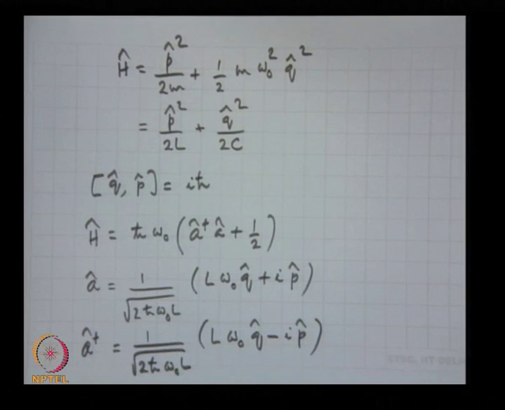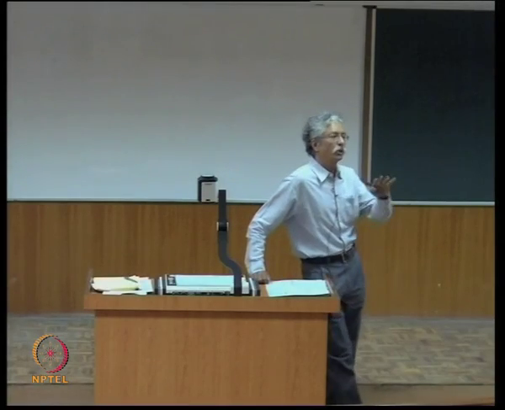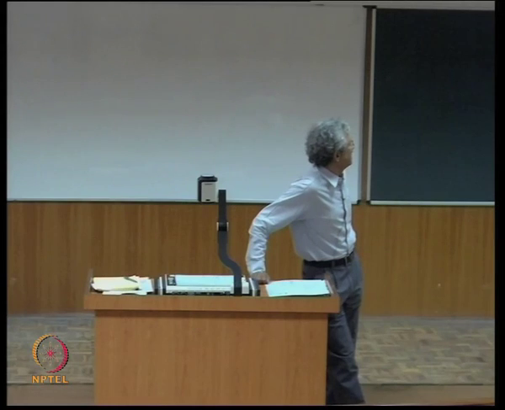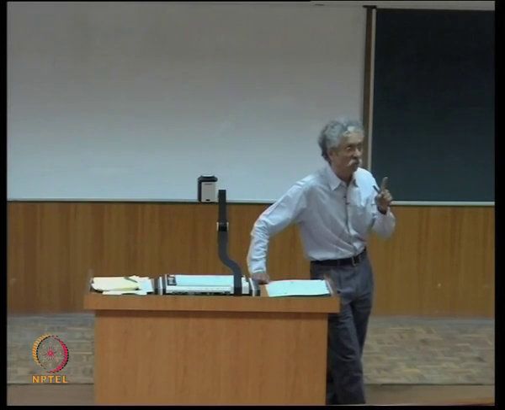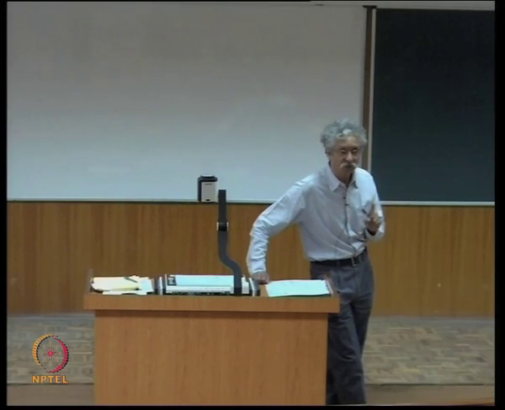Sir, how do we come to know that the commutator between P and Q is going to be i? See, remember when I did the harmonic oscillator problem, the Poisson bracket between X and P is 1. I showed you that day.